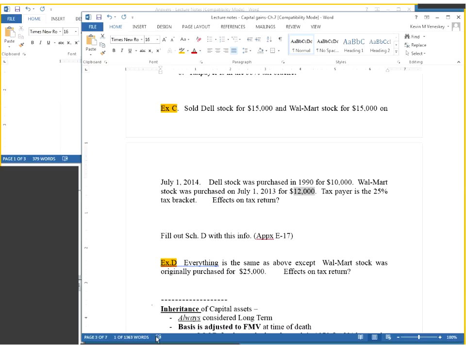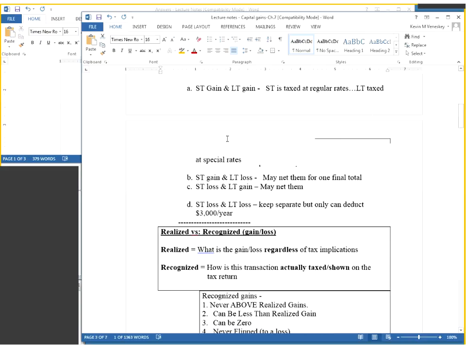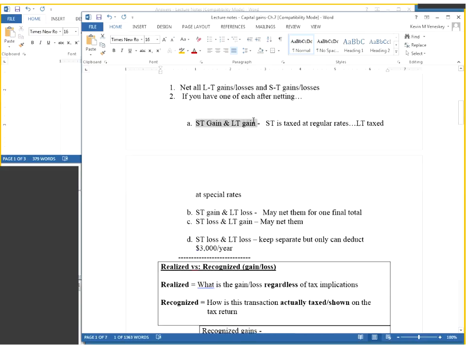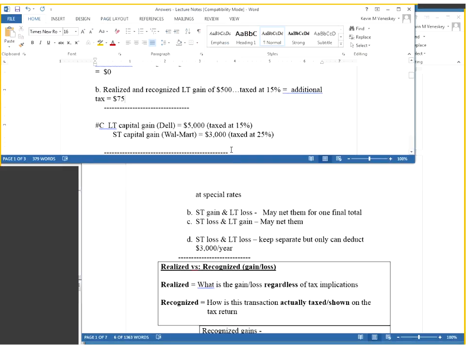Taxpayer is in the 25% bracket. And then we go back to our netting rules here. They were both gains, so we keep them separate. We're going to tax the Walmart stock at the regular rate, and then we're going to tax the Dell stock at that lower rate, the gain at the 15%, because remember they were in the higher income brackets, so they do get taxed on their capital gains, but just not as much for their long-term capital gains. The short-term gains are simply taxed at whatever our normal rate would be.